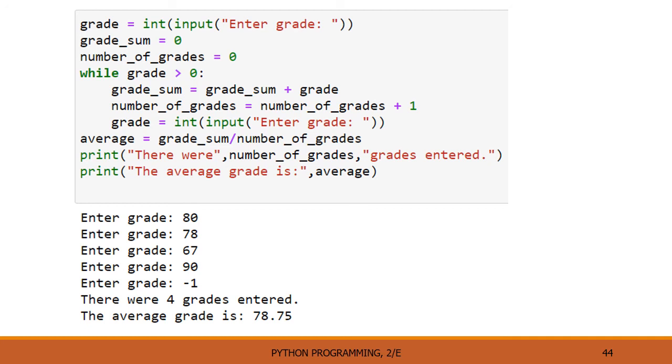We go back to the top of the while loop and we check the condition. -1 is greater than 0 is false. So specifically take note that -1 is never added to the grade sum and we never increment number of grades. So the sentinel is never treated as part of the data set.